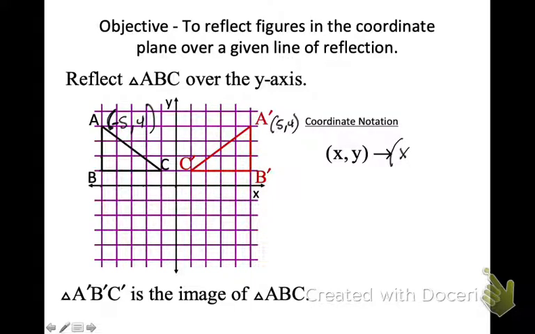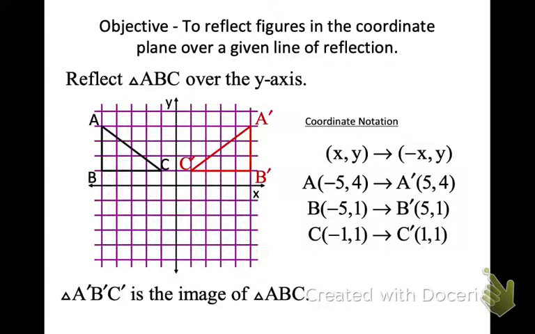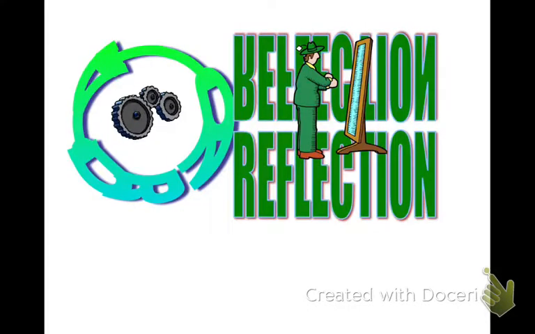So the rule is it's the opposite of X, comma Y. This is when we are reflecting over the Y axis. And then the Y is going to be the same. So that's basically the rule here. And you can see that each time the X is opposite and the Y's are always the same.